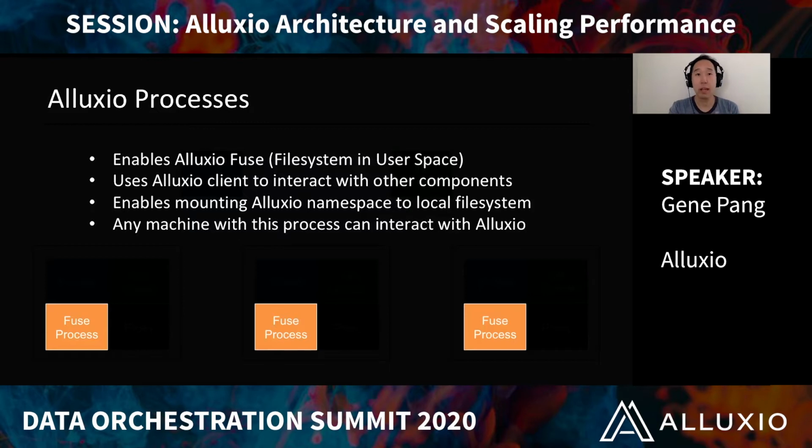So it can just be like accessing the local directory tree file system, but you're really accessing Alluxio namespace. And so this process is required for any machine or any node for those nodes to enable this Alluxio Fuse. And within this Fuse process, it uses the Alluxio client to interact with other Alluxio components.